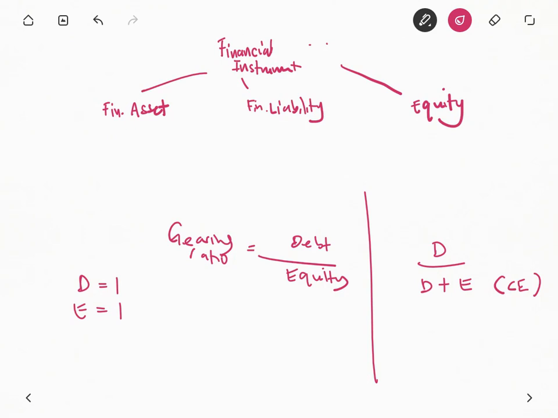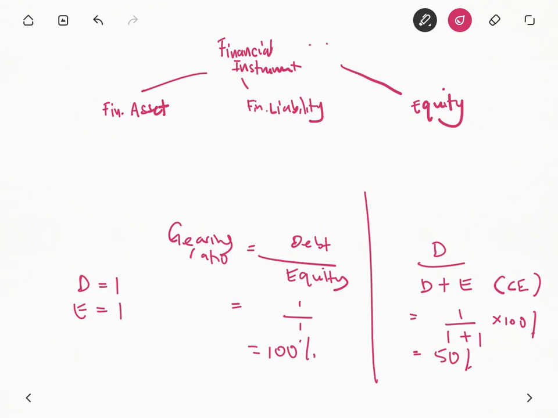So gearing ratio can be either one of these. So what's my gearing ratio if I use this formula? $1 of debt compared to $1 equity, my gearing ratio is 100%. Same info. If I use this formula, my debt of $1 compared to my capital employed of $2, my gearing ratio is 50%.